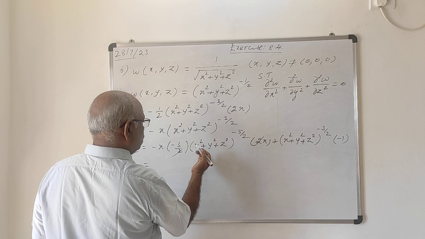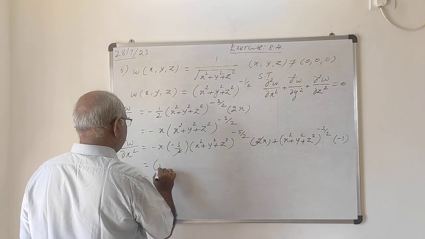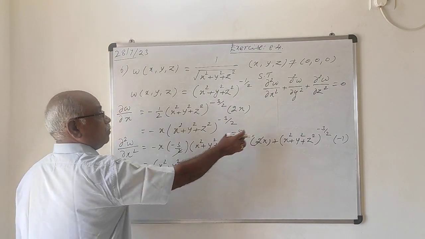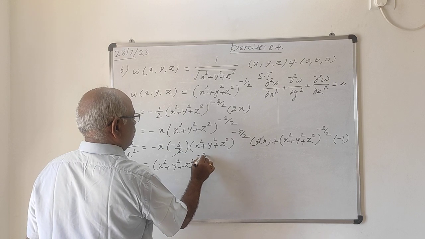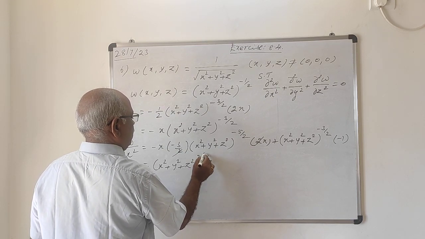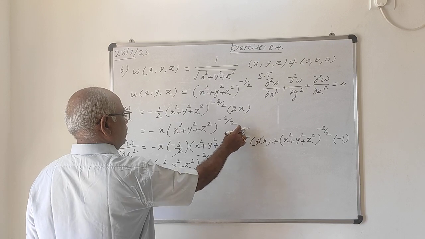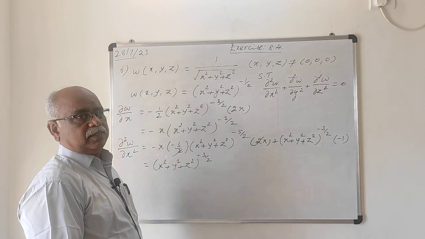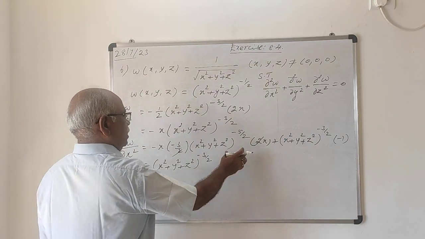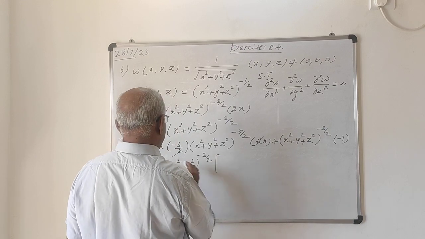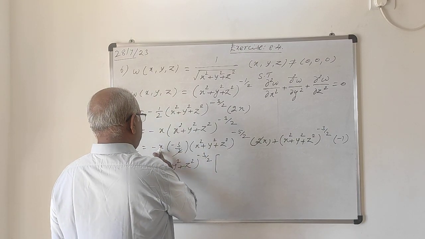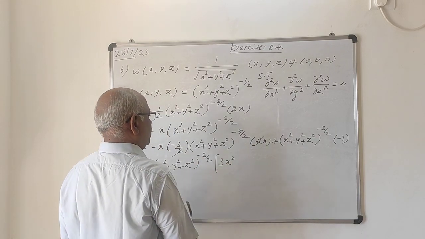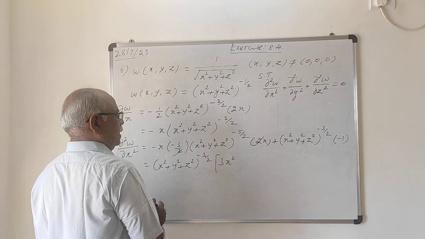You take (x² + y² + z²) to the power minus 3/2 as a common term in both the terms. Here we have the power minus 5/2, and you can take minus 3/2 as a common term. Taking this term as common, in both the cases it becomes minus into minus plus x into 3x².